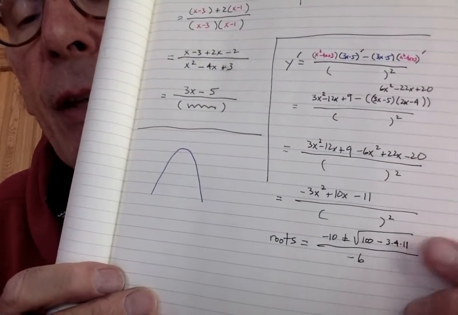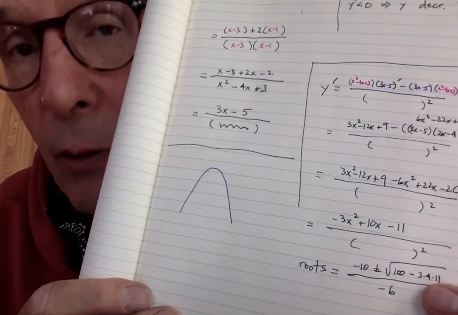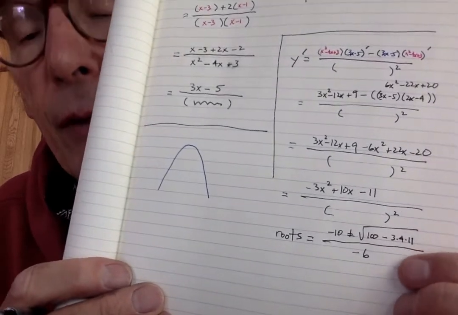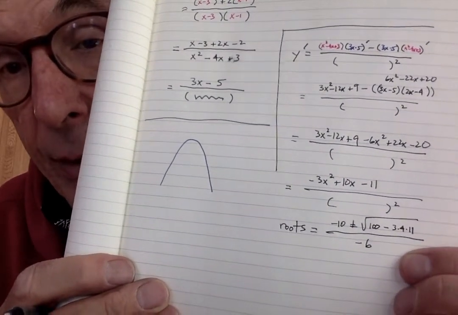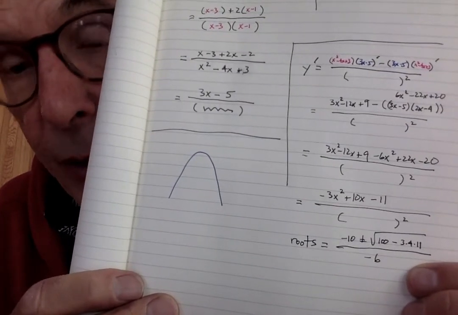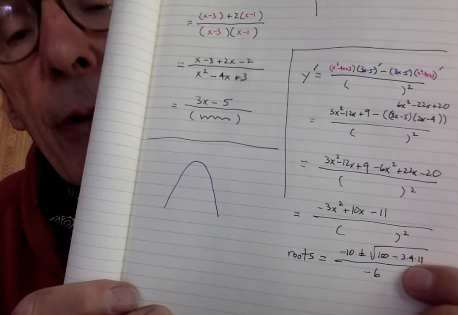So this has no real roots. You don't have to do out the whole quadratic formula. You don't have to find the square roots. You don't have to complain to the gods of mathematics that you have to do such trivial, dirty work, because you don't have to. Inside the square root is negative.